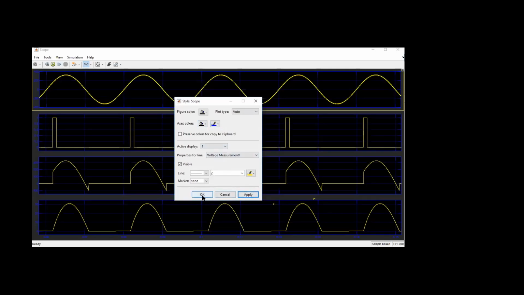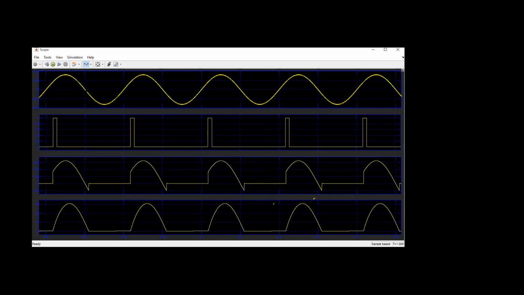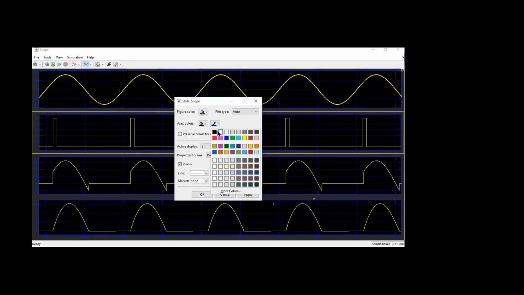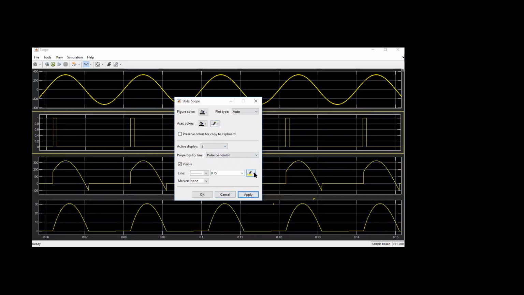Even for this particular graph, there are legends.